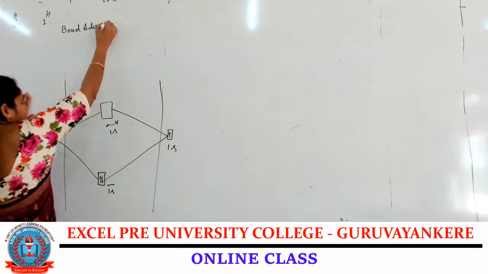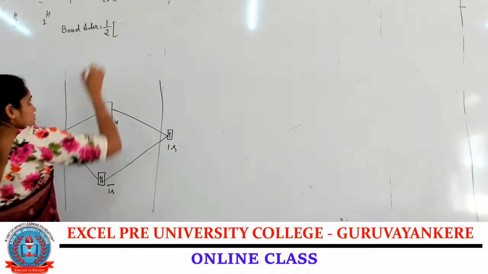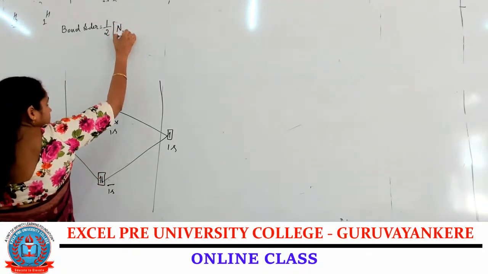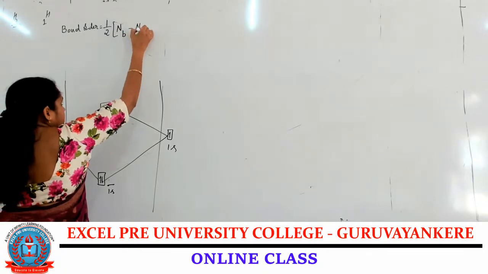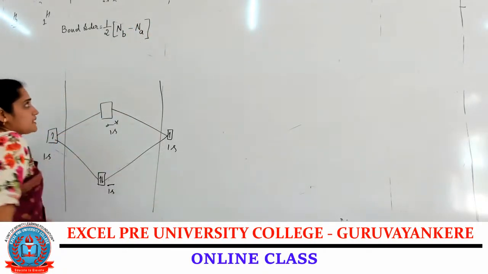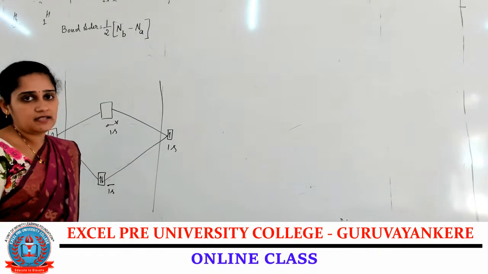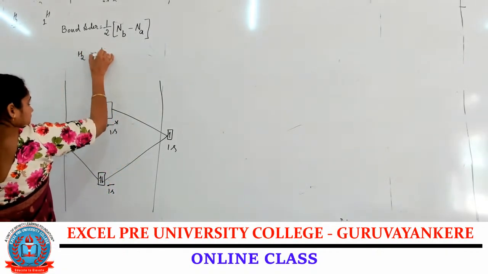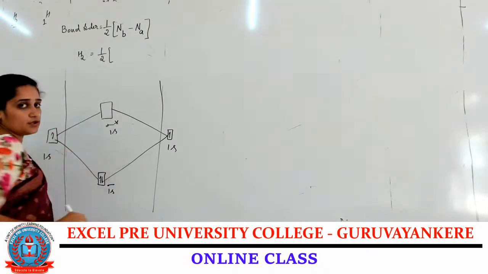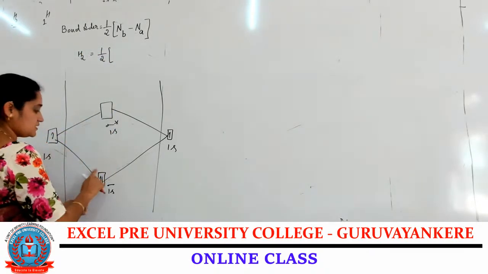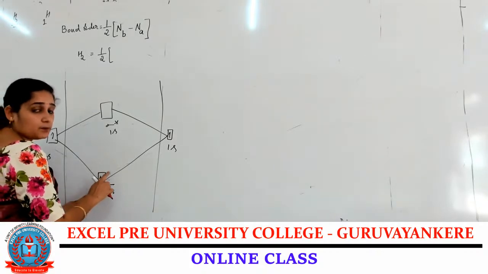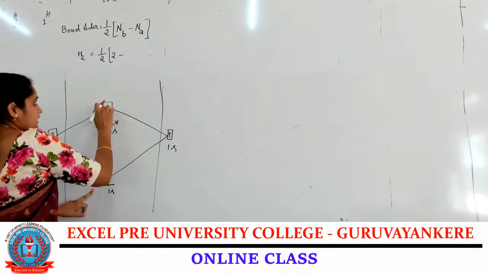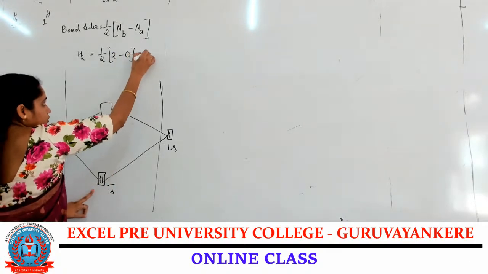Bond order can be calculated using the formula: half of the difference between the number of electrons present in the bonding molecular orbital minus the number of electrons present in the anti-bonding molecular orbital. Now if you apply to the hydrogen molecule, half into number of electrons in the bonding molecular orbital is 2, minus 0, so it is equal to 1.